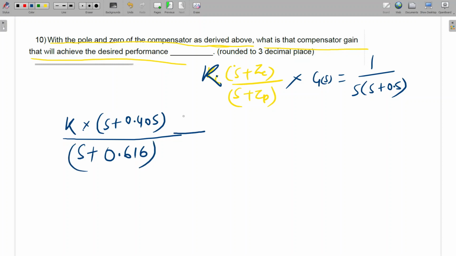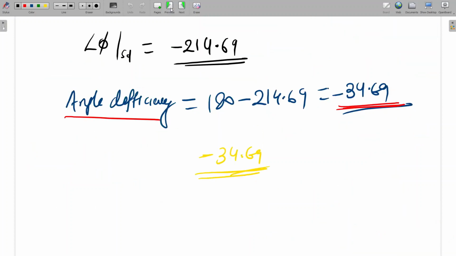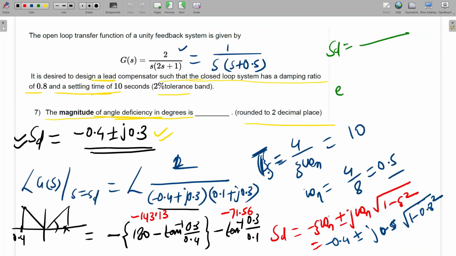And our plant is 1 divided by S into S plus 0.5. Whatever formula I explained in the first question will be clearer here. I am going to calculate the K value with both methods: with root locus, and with the normal method. How can we calculate it for the desired performance? The desired performance is S of D, which is minus 0.4 plus j0.3.